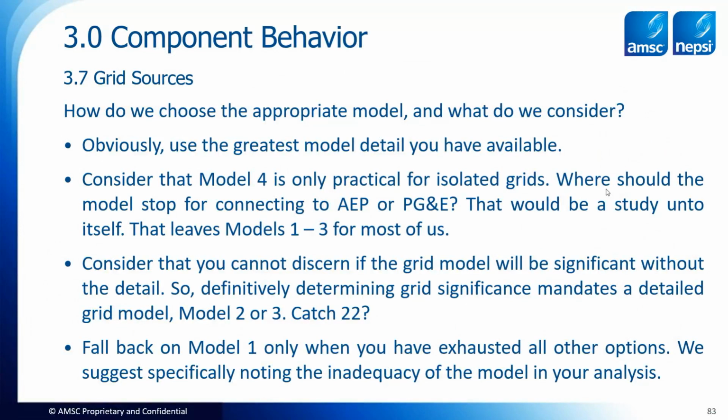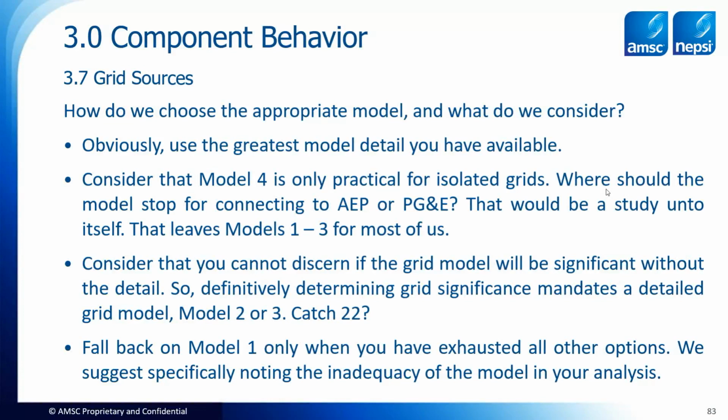Another point, consider that model 4, which is modeling the whole grid, is only practical for isolated grids. You know, if you were connecting to AEP or PG&E, where do you stop? Where do you say that we've simulated far enough that we've captured what the resonant conditions of the network look like at our point of connection?